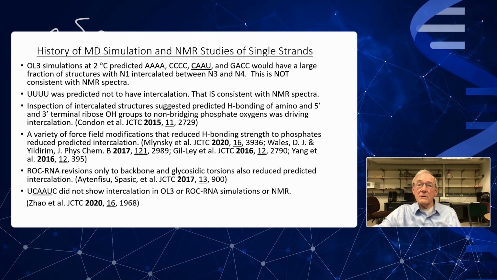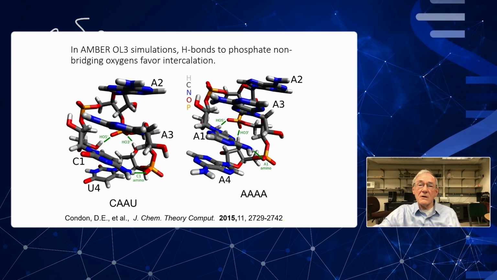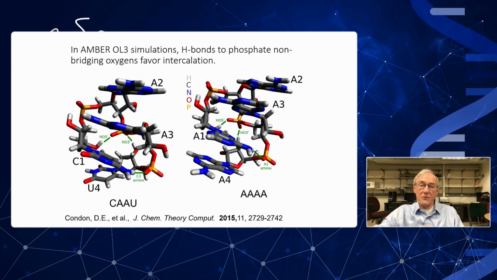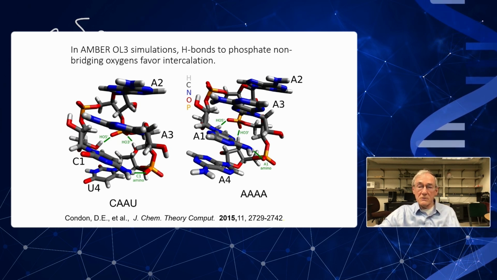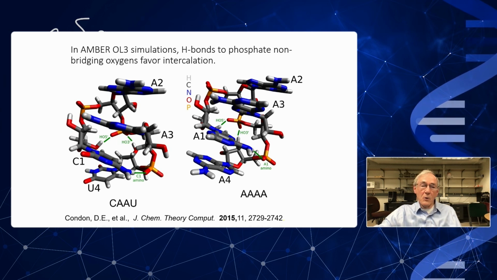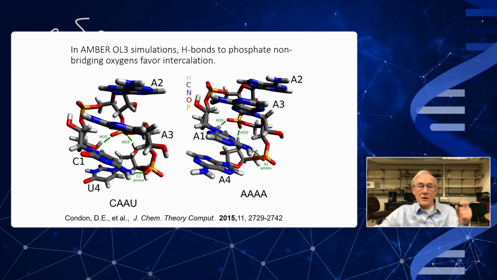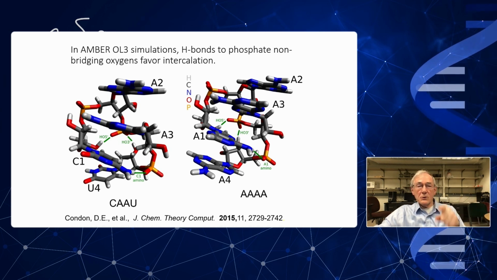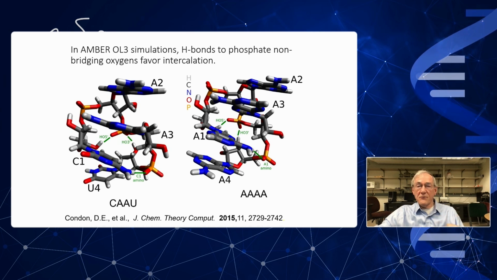I'll show you in the next slide, and I'll come back to this slide. So what was predicted for all of those sequences that were shown at the first bullet point, and this is just 2 of them, what was predicted is that nucleotide 1 would intercalate between nucleotide 3 and nucleotide 4.